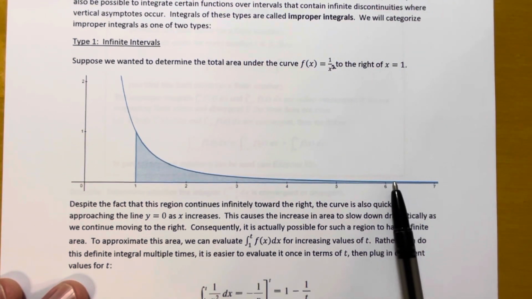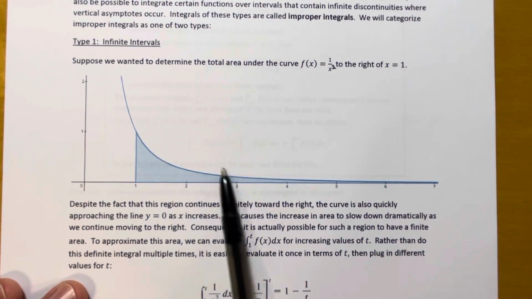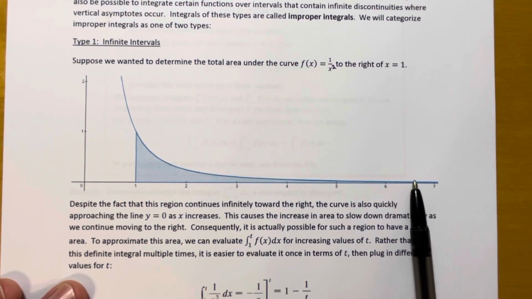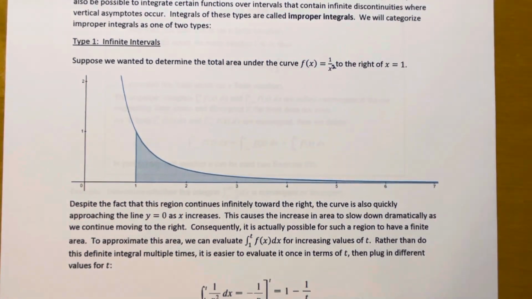And in fact, it turns out that for this particular function, the curve is approaching that horizontal asymptote fast enough that this region ends up having a finite area instead of an infinite area, which you might expect to happen. We haven't shown why that's the case yet, but we're going to in a minute.